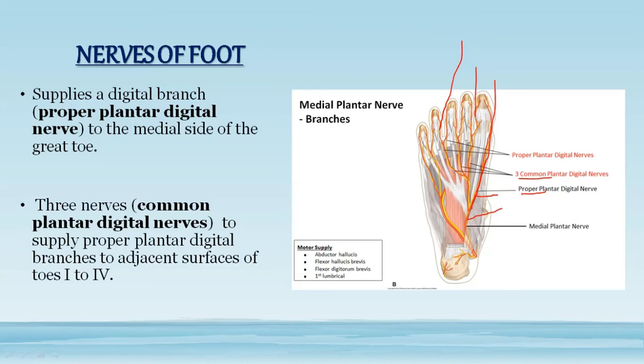Now the medial plantar nerve supplies the first or great toe, second toe, third toe and the medial side of the fourth toe by two branches. The one is the proper plantar digital nerve which supplies only the medial side of the great toe and the other is the three common plantar digital nerves which supply the adjacent sides of digits 1 to 4.